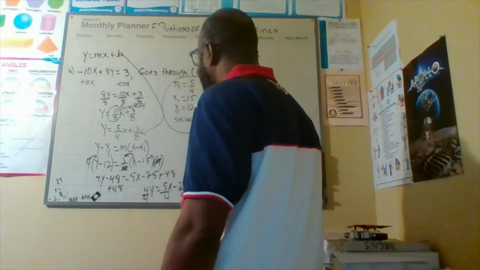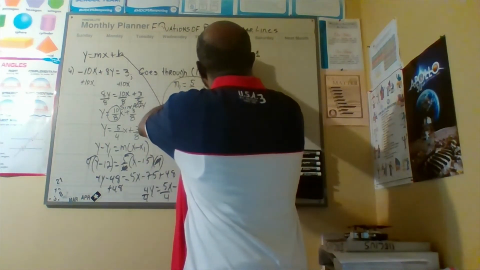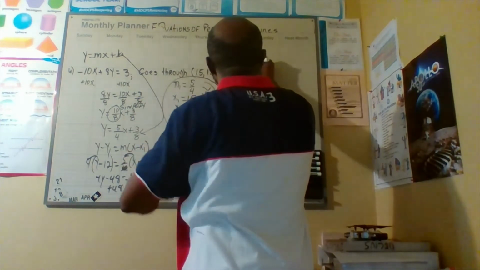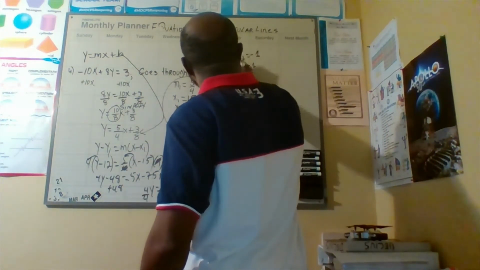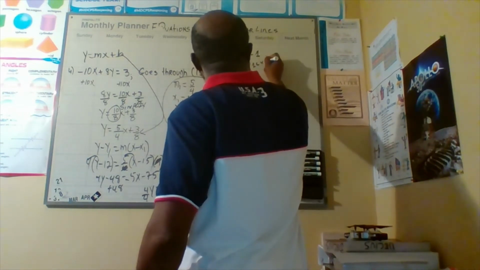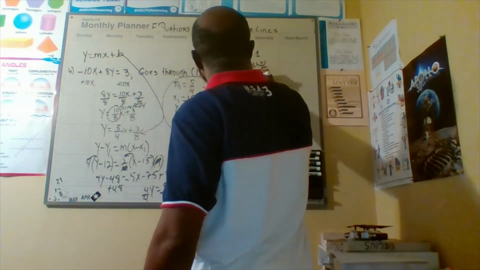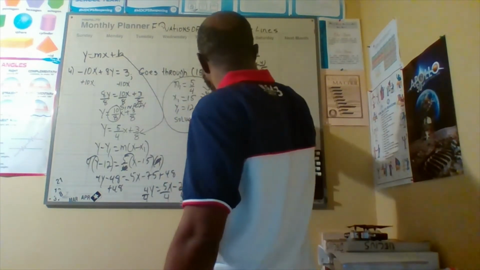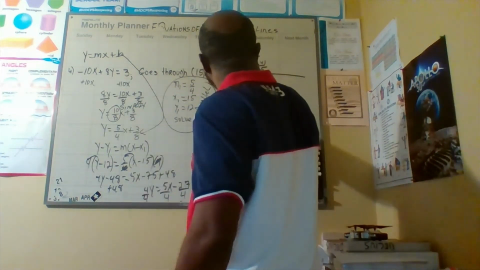Then you will have m2 is equal to negative 4/5. That's the slope that is perpendicular. Alright, and x1 is still 15, and y1 is 12. You're solving for y.